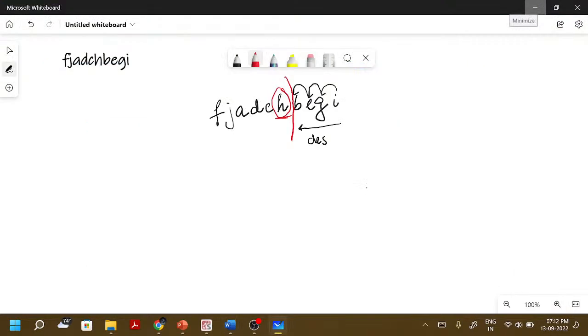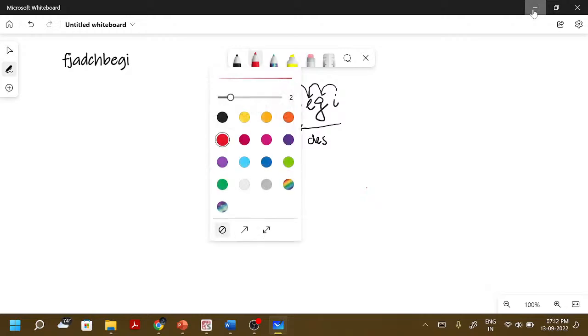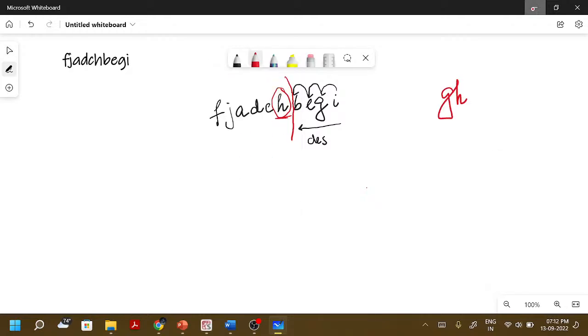So we have to find the largest alphabet just before H. So we have E F G H I, and just before H, the largest alphabet is G.